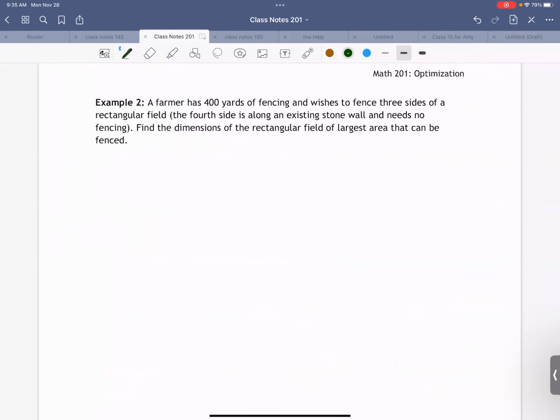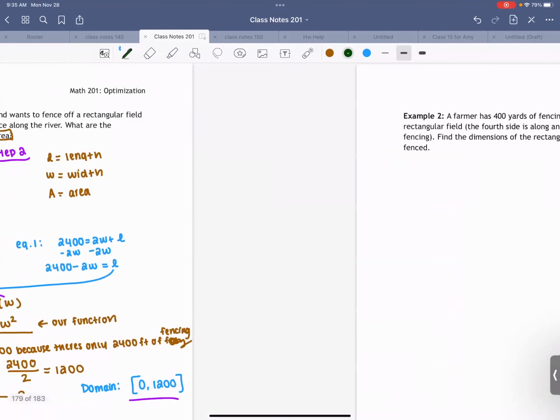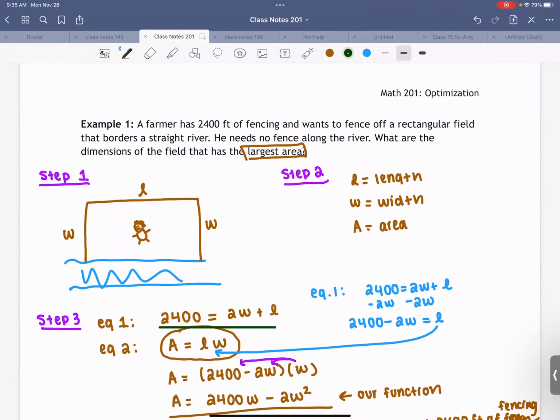This time we just have 400 yards of fencing. I was going to make this a little bit different, but I guess I got kind of lazy when I wrote up this example. So let's just go over it real quick. Drawing our picture, we're going to have the same picture as last time. So I'm going to copy this over because I like my picture of Jude in the fence.